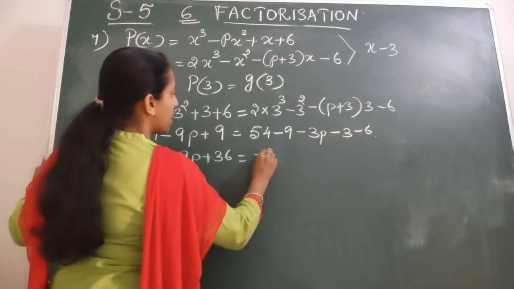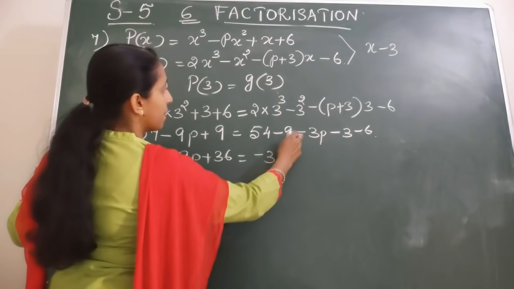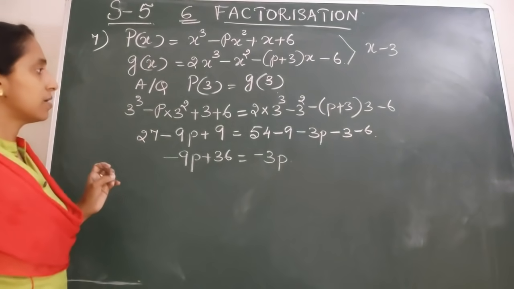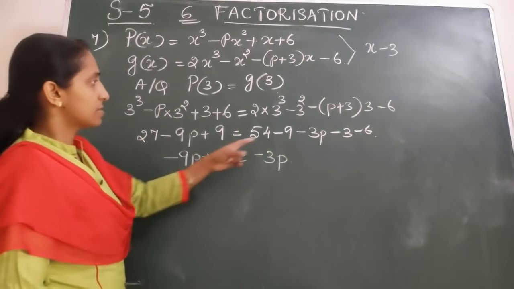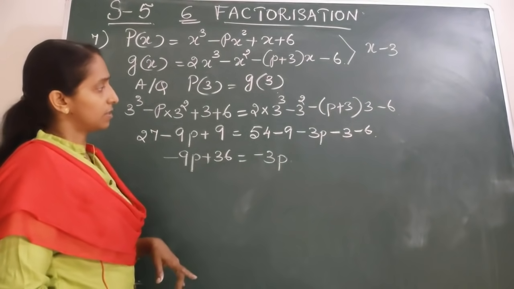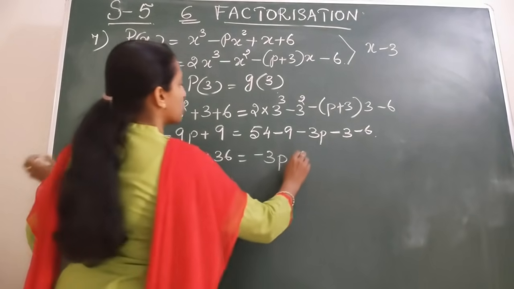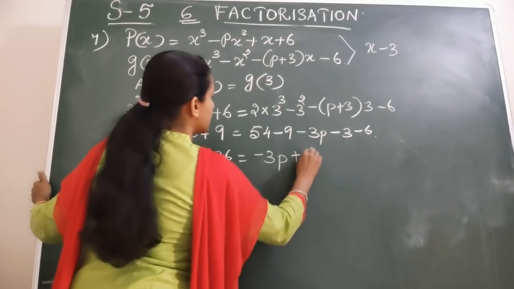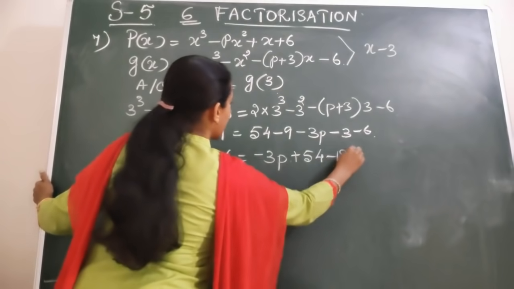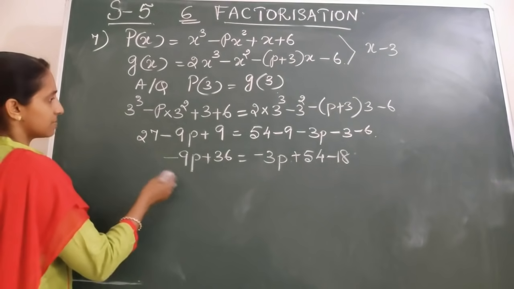Equal to minus 3p, 54 minus 18. 9 minus 9 minus 9 minus 18. So plus 54 minus 18. Right? So we are taking the constant terms here.